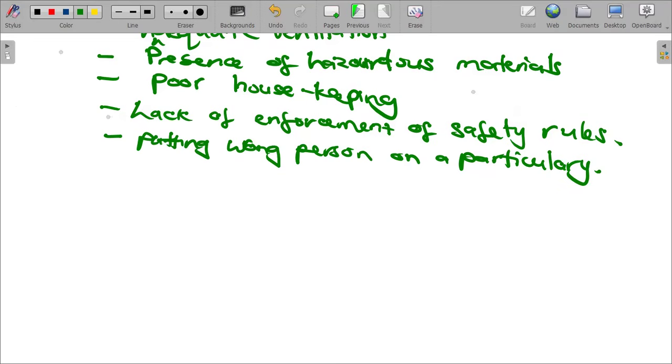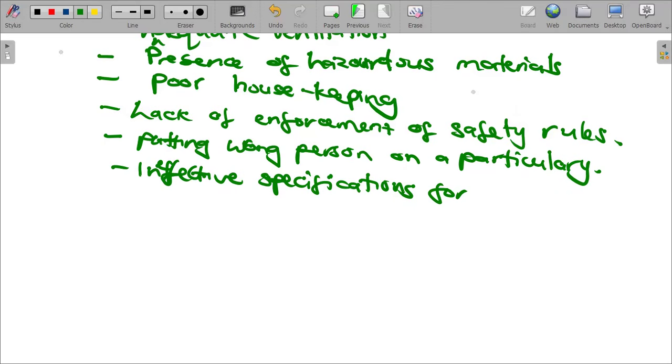Right. It might be due to ineffective specifications for safety clothing.